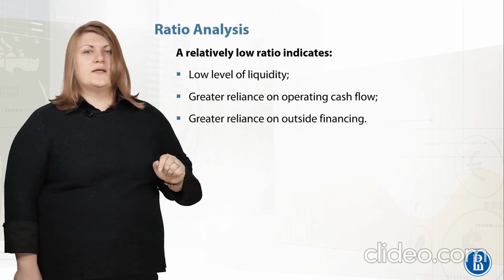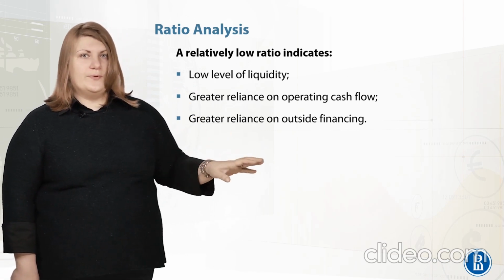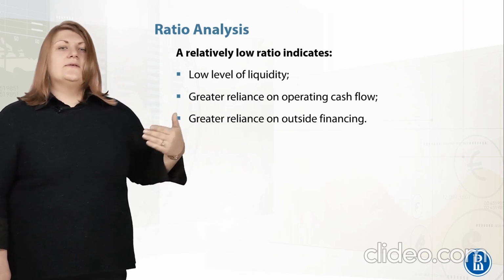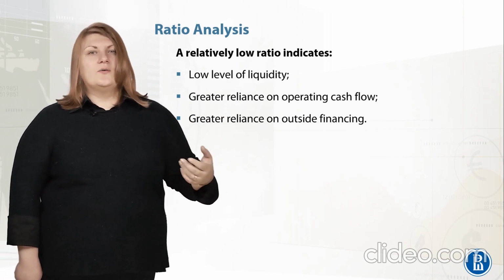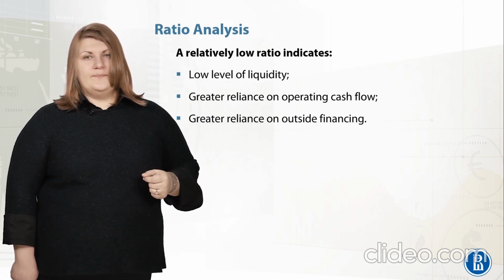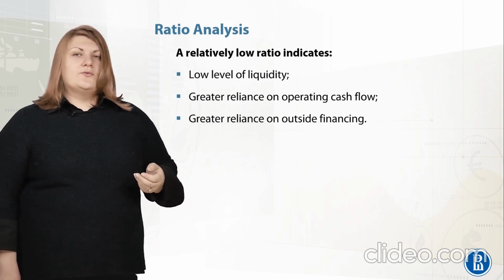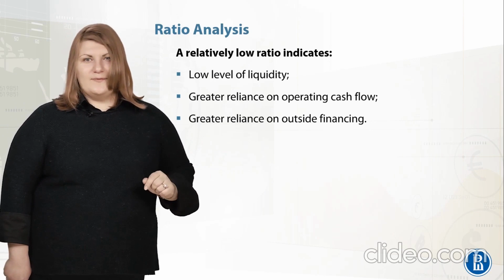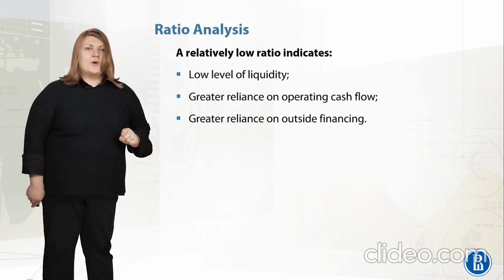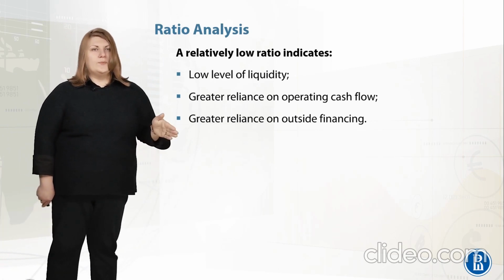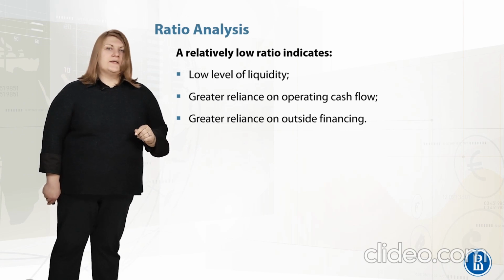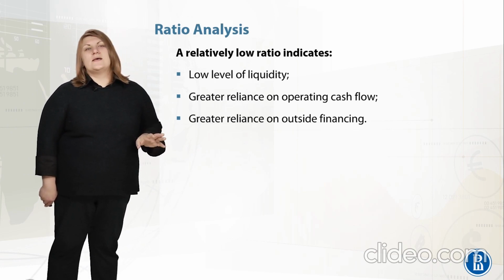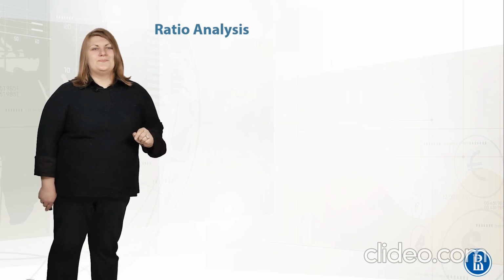The greater reliance on operating cash flow will be represented here, and the greater reliance on outside financing. Traditionally, a current ratio of two was often regarded as safe. More recently, ratios closer to 1.5 are increasingly being regarded as acceptable.